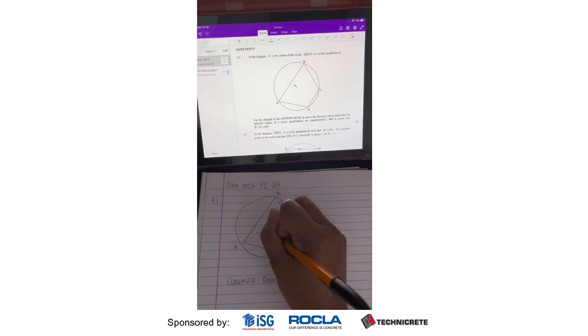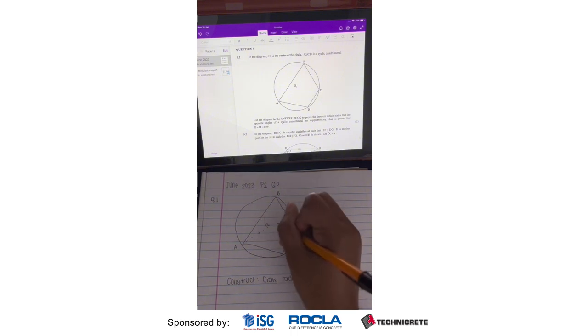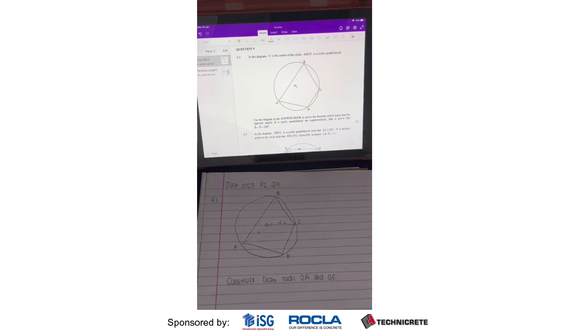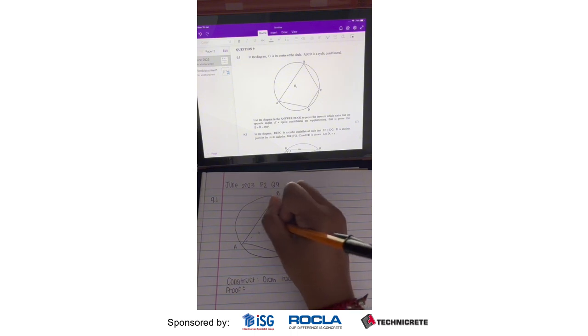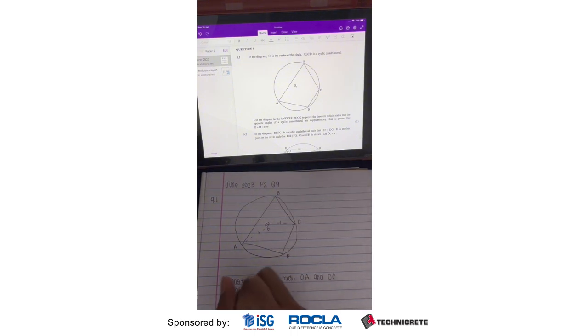We're going to connect OA and OC, and we know that those are radii. For my proof, I'm going to use what I've just drawn, and I'm going to label O1 and O2.